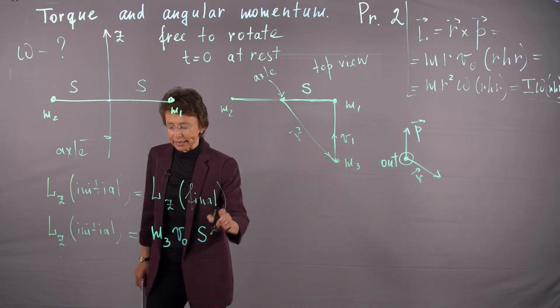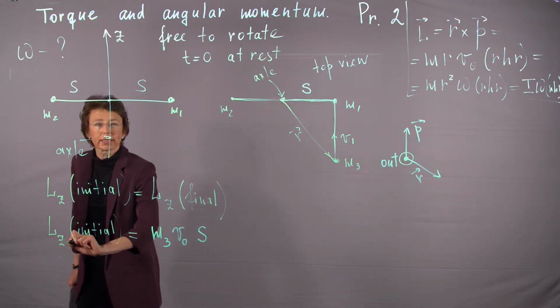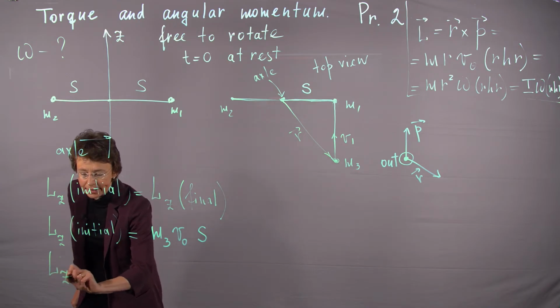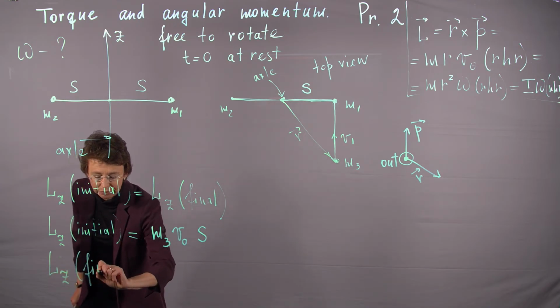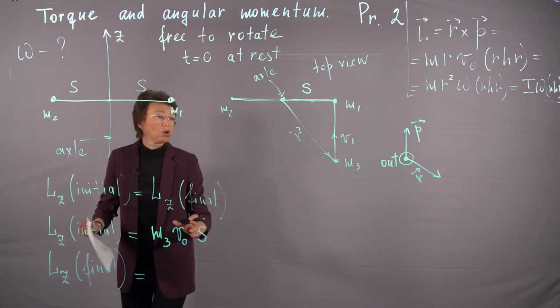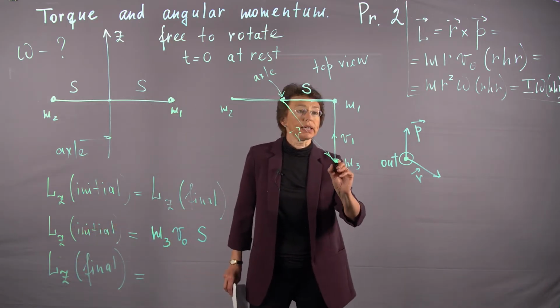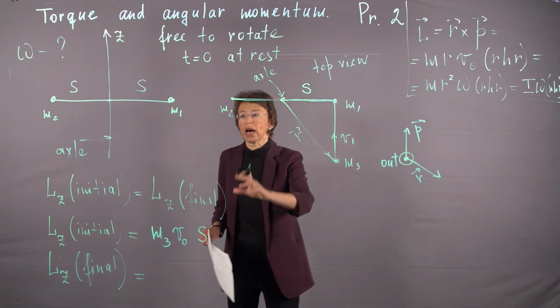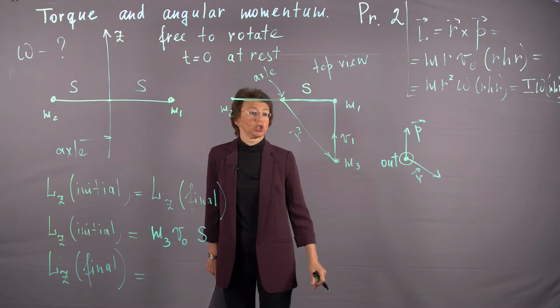Now what is LZ final? Now I need LZ final. If I write here, will you see it? LZ final. Now this M3 strikes M1, sticks to it, and now they are moving together.